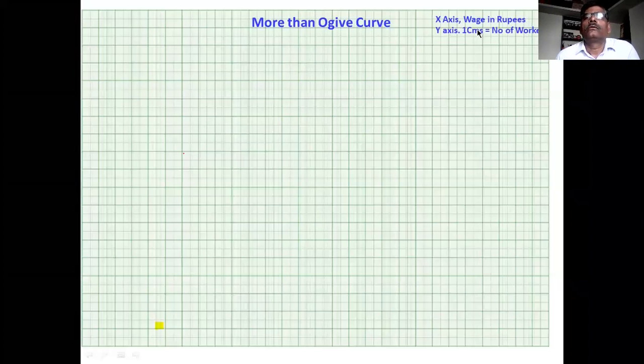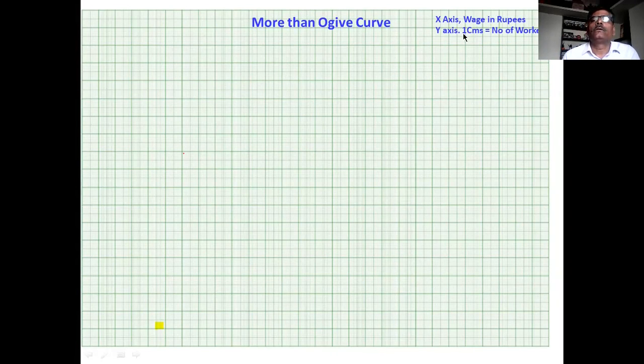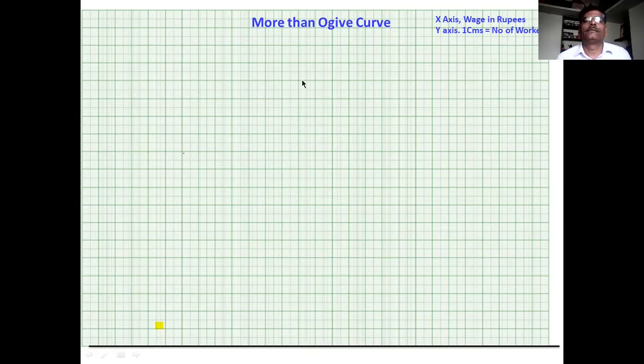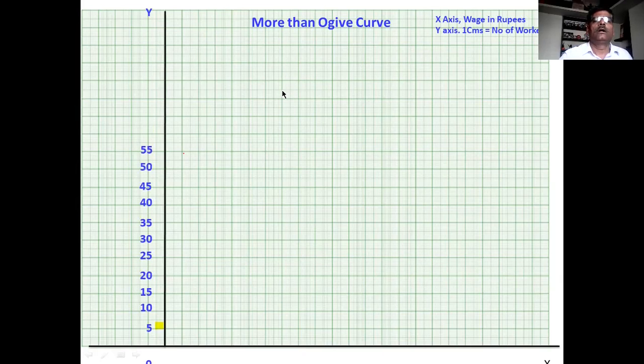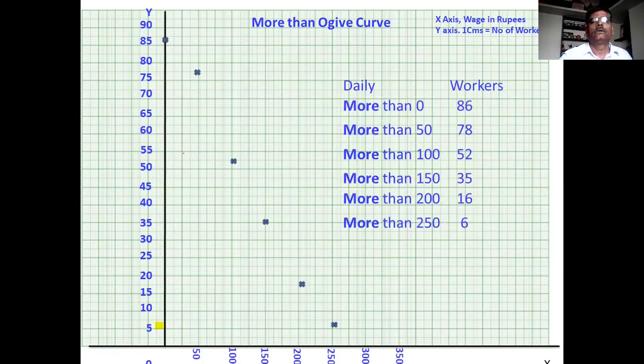Now the more than ogive curve. X-axis is wages in rupees. Y-axis, 1 centimeter is equal to a number of workers. This is the graph taken here. These are the values, and we have to put these values in the graph.